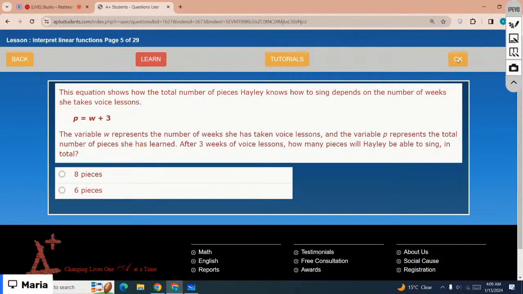This equation shows how the total number of pieces Halle knows how to sing depends on the number of weeks she takes voice lessons. P equals W plus 3. The variable W represents the number of weeks she has taken voice lessons, and the variable P represents the total number of pieces she has learned. After 3 weeks of voice lessons, how many pieces will Halle be able to sing in total?